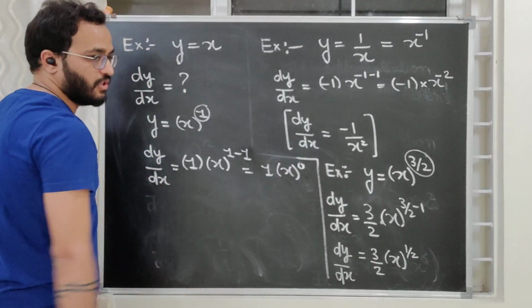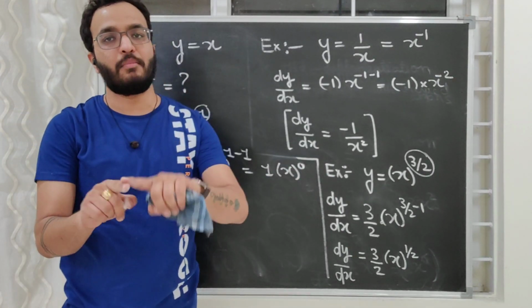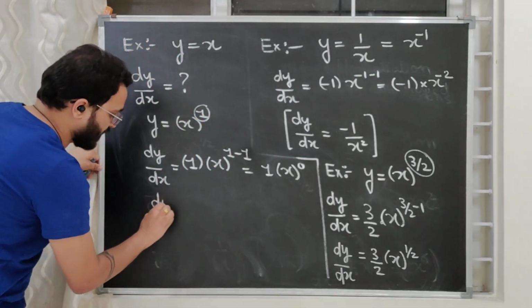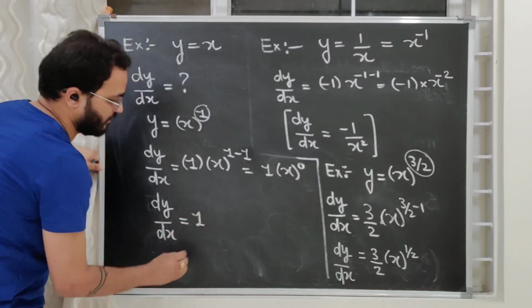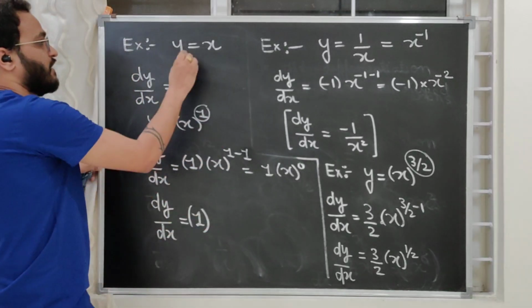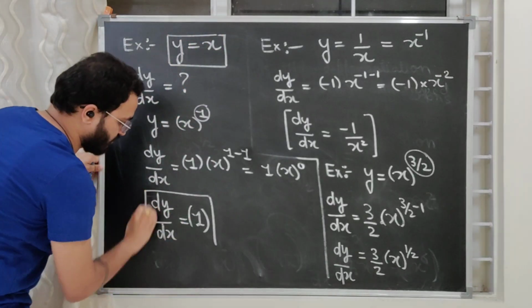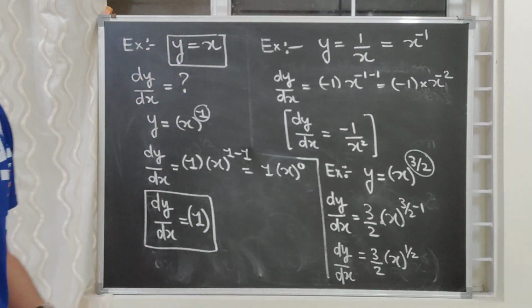And any number, any variable to the power 0 will always become 1. Okay, so dy by dx is equal to 1. Do you understand? So when y is equal to x, then dy by dx is 1. So please remember this.